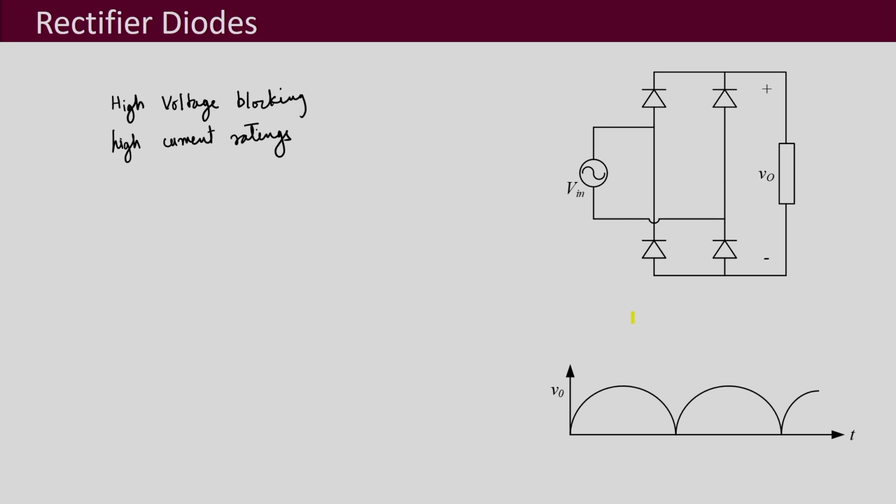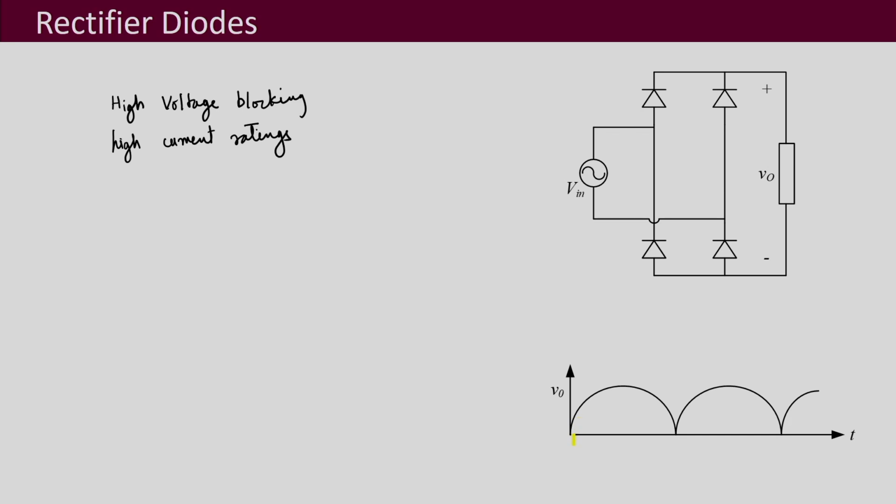Now, if we see the output voltage over here, let us say the nature of the load is such that you get these kind of fully rectified voltages.